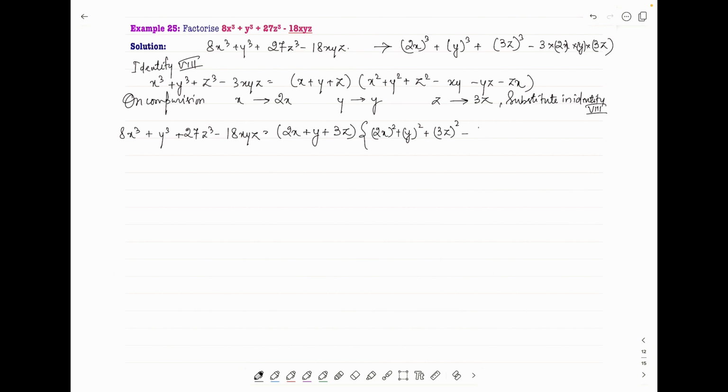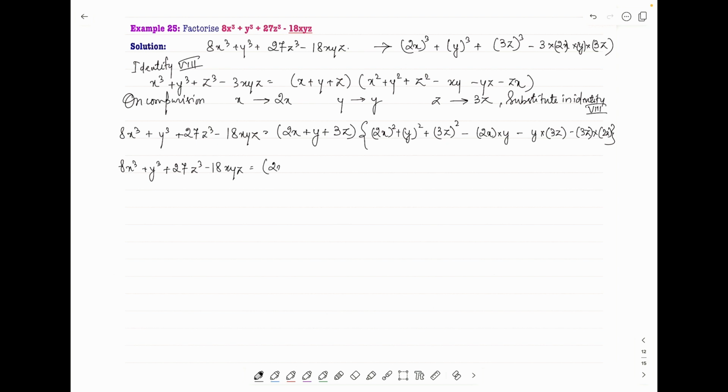And xy will be written as 2x into y, minus yz is y into 3z, minus zx is minus 3z into 2x.